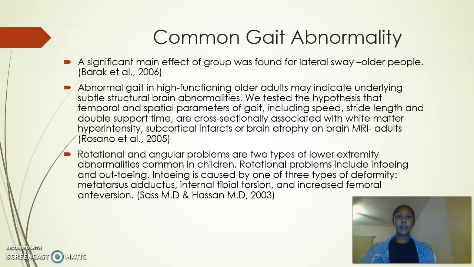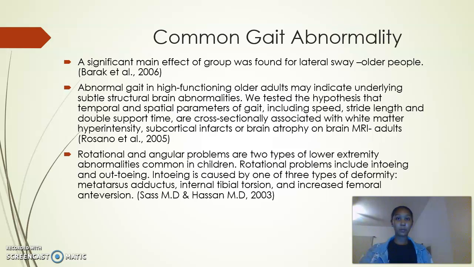The next thing I want to talk about are common gait abnormalities, as seen in older people as well as in early childhood. They sway. There's no sense of balance because, for one, when you're a child, your bones and muscles are developing, and then when you get older, the density of your bones and muscles is decreasing, and that is a common gait abnormality seen in those two different age groups.